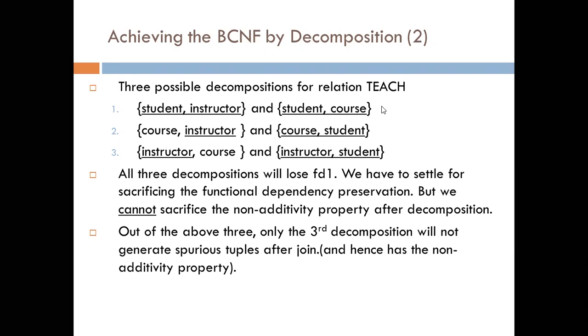In the first case, if we join student and instructor based on student, there may be a possibility of a spurious tuple. In the second, the join happens based on course, and again there will be a possibility of a spurious tuple. Only in the third case, spurious tuples may not arise.